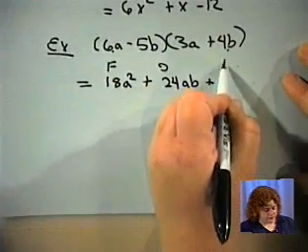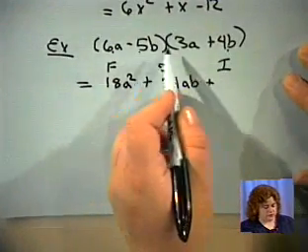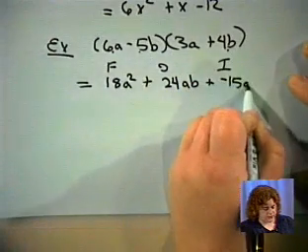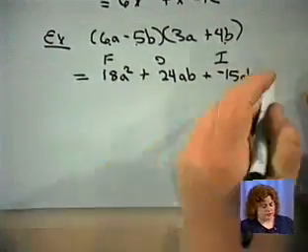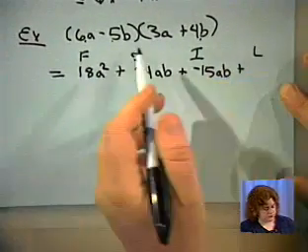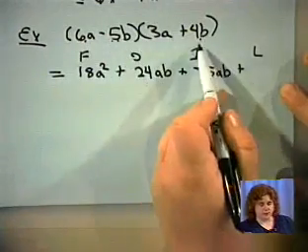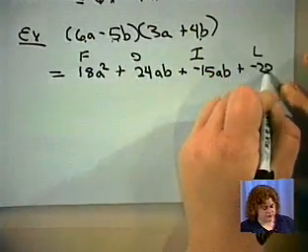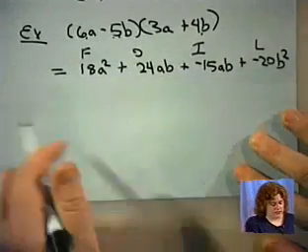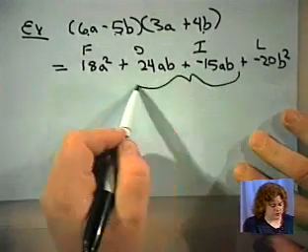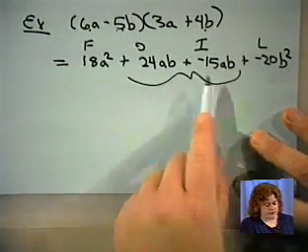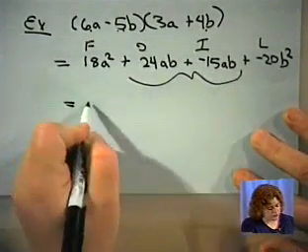plus the inside. Minus 5 times 3 is a minus 15ab, plus the last. Minus 5 times 4 gets us a negative 20b squared. Now again, we can add together our two middle terms in this lineup, the ab terms, because they're like terms.